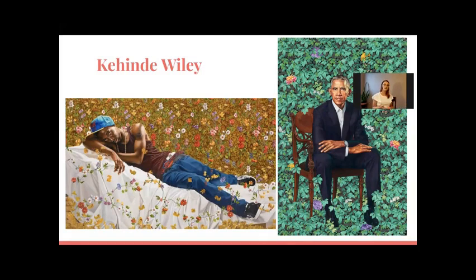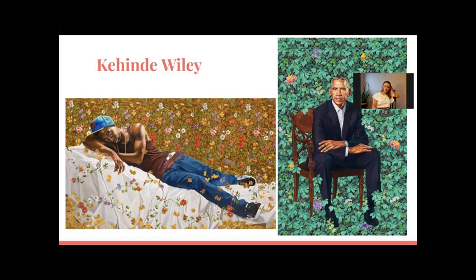He's known best for these style paintings that include natural elements, flowers, leaves, foliage, along with a portrait, typically of young African-American Black men. And he likes to talk about this sort of meshing of the status of, and the way that we see typically African-American men represented, with a little bit of a softer aspect, bringing in the natural elements, bringing in the foliage.